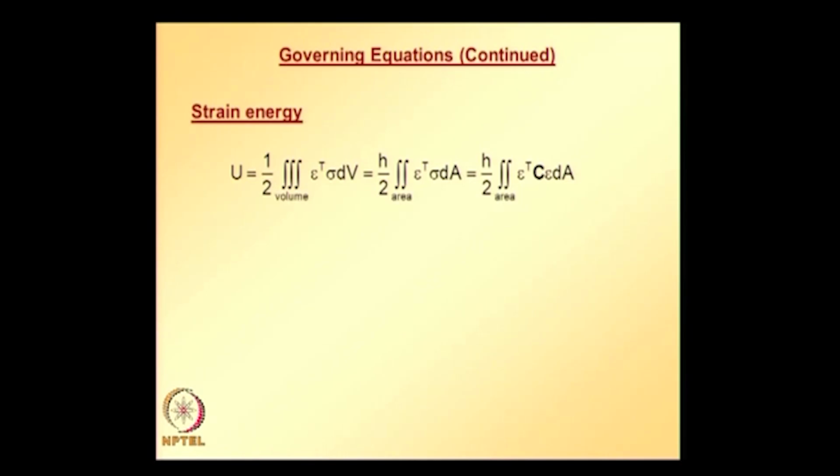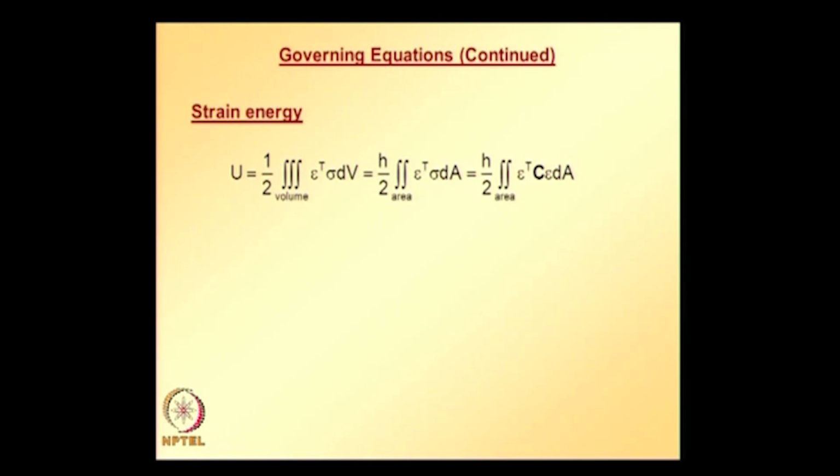and also stress can be expressed in terms of strain if you know the constitutive matrix corresponding to whether it is plane stress or plane strain. So, sigma is replaced with C times epsilon, where C is the appropriate constitutive matrix.